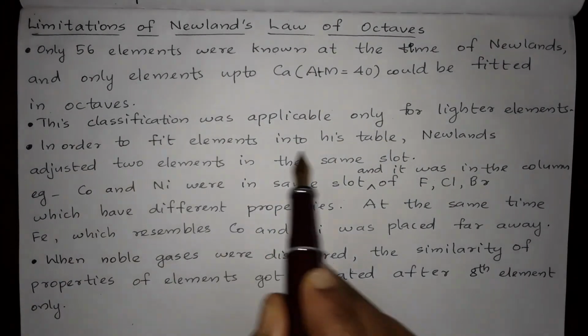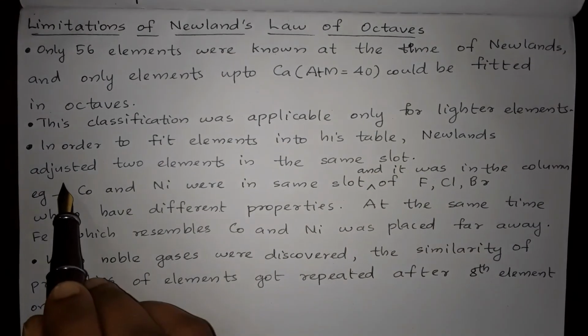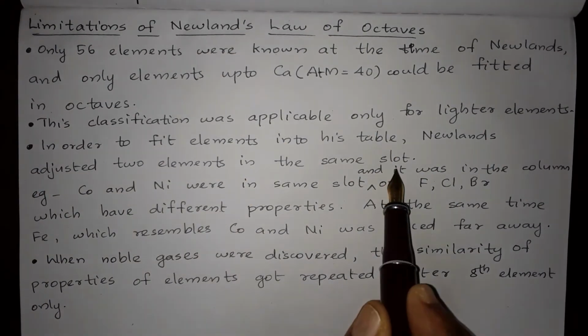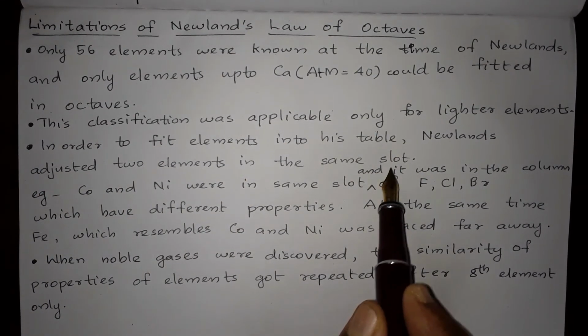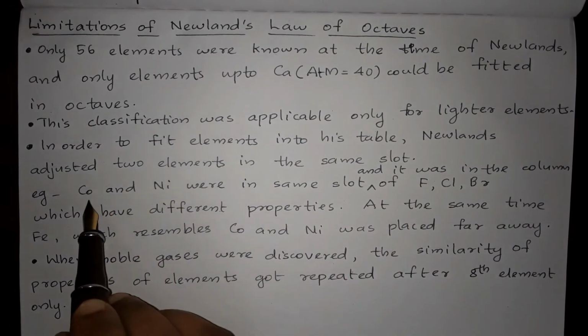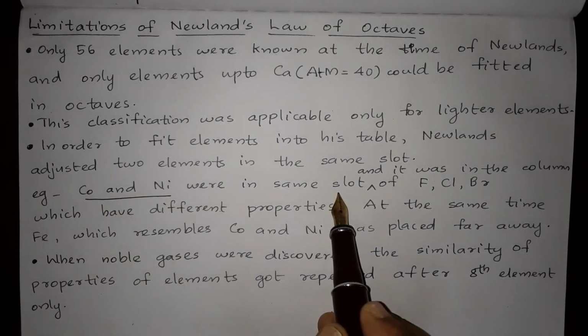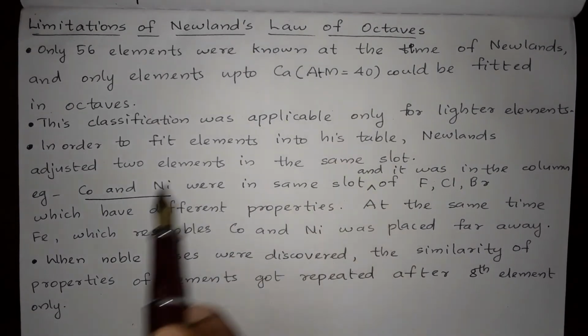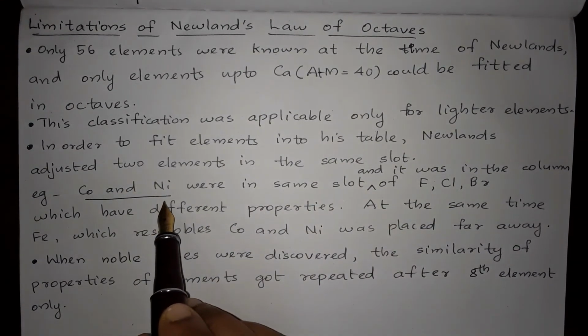In order to fit elements into his table, Newlands adjusted 2 elements in the same slot. See, cobalt and nickel. Cobalt and nickel were in the same slot in Newlands' octaves.